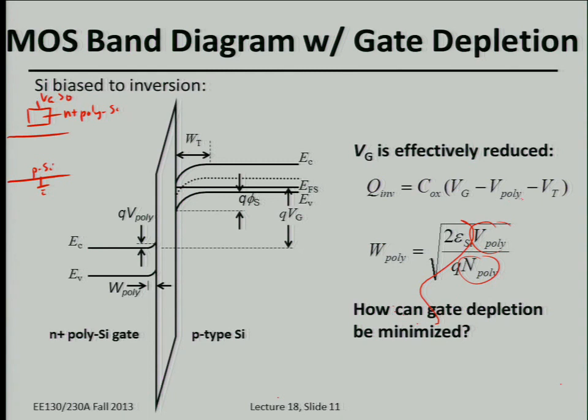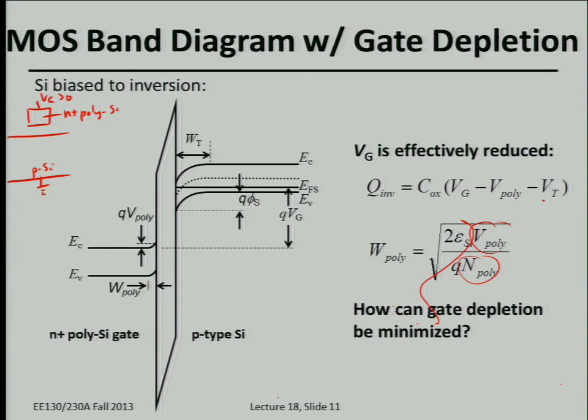Basically this takes away from the inversion charge. It reduces the inversion layer charge and actually degrades your transistor on-state current, simply because you're wasting a part of the voltage that you apply across the silicon gate.